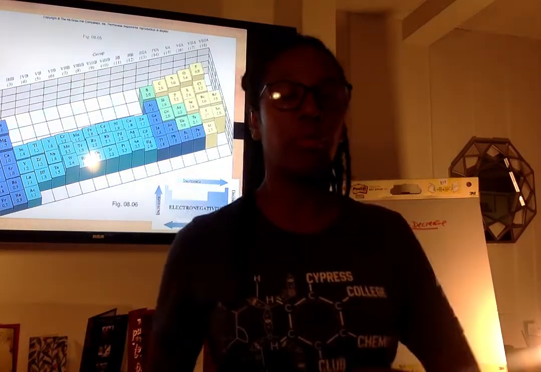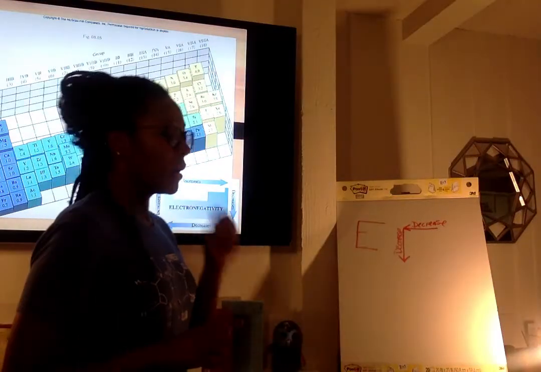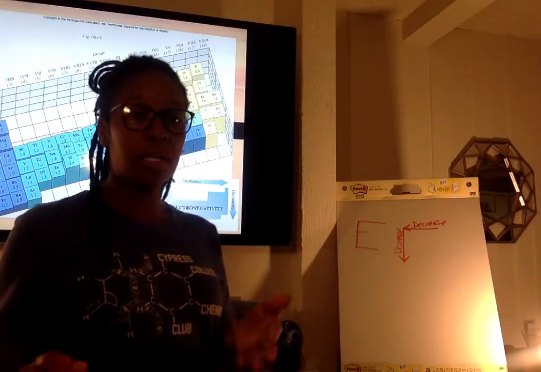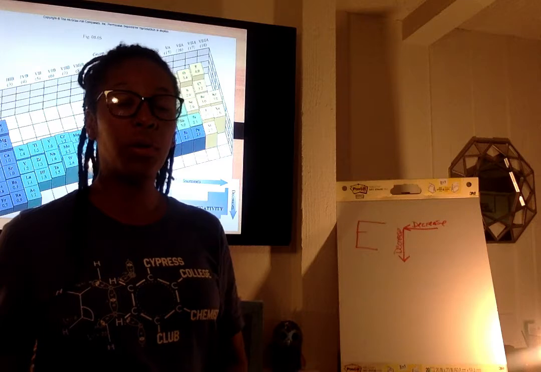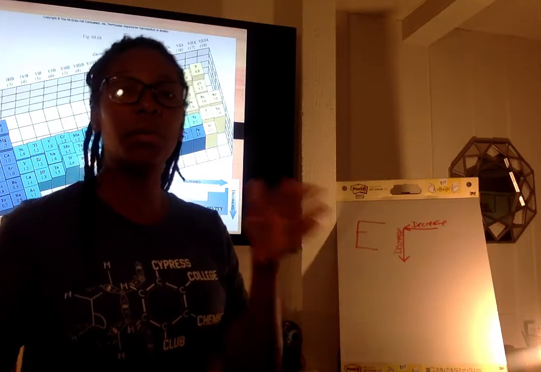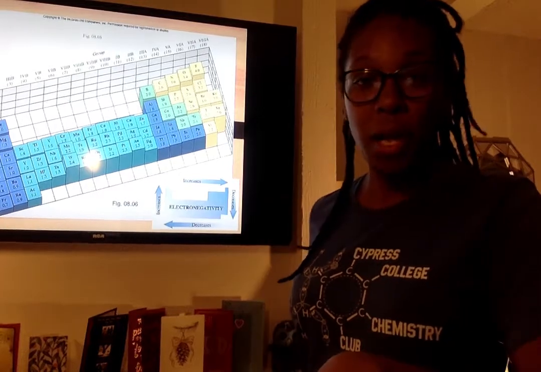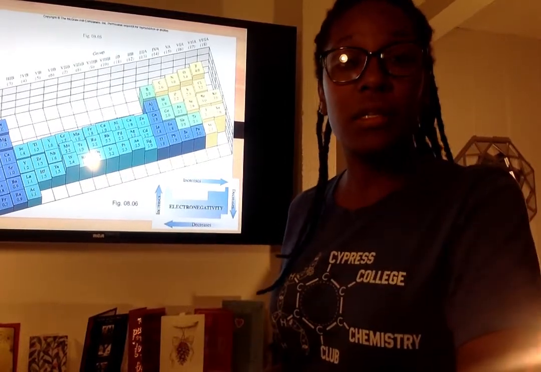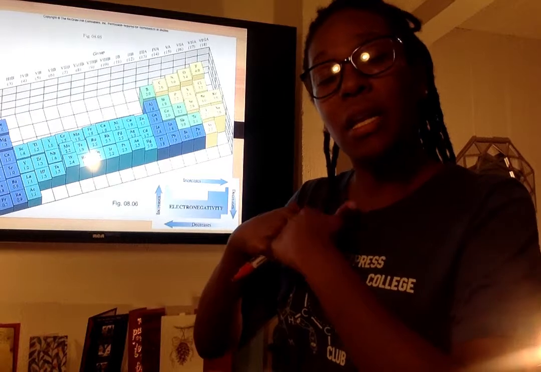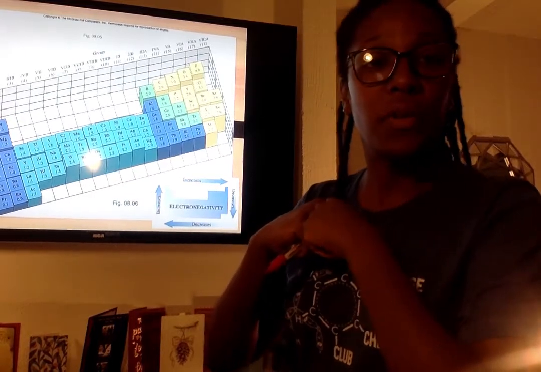When we're talking about polar and nonpolar covalent bonds, remember that polar and nonpolar deal with covalent bonds because we're talking about them sharing. Ionic bonds aren't sharing electrons; they're creating an attraction.